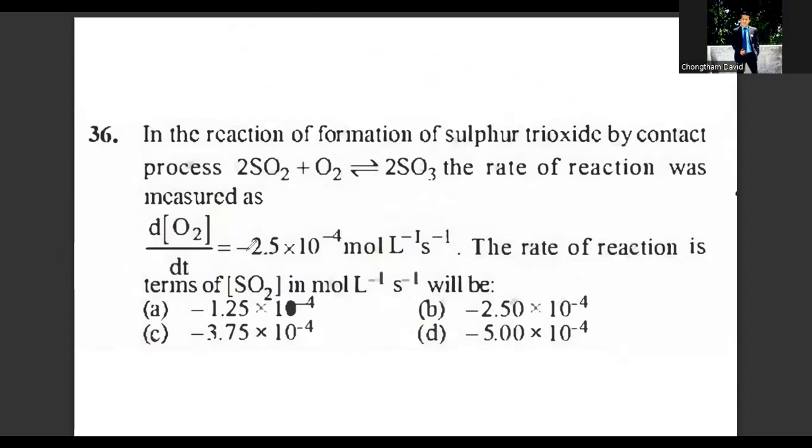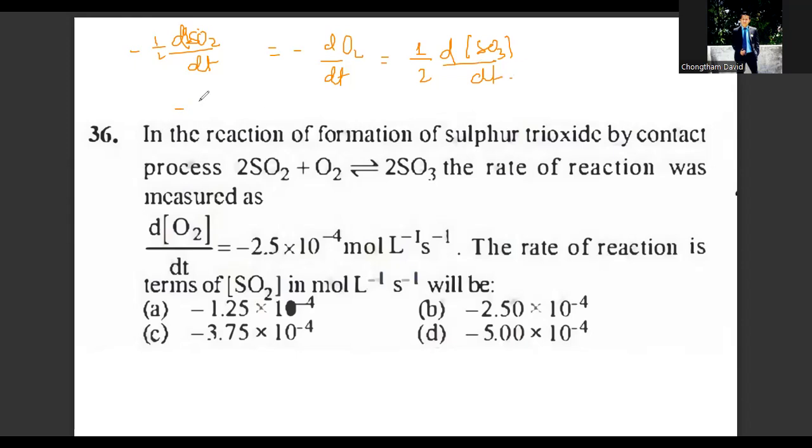Question number 36. In the reaction of formation of sulfur trioxide by contact process, the rate of reaction was measured as the change in concentration by time, right? So how would you account for this? The change in sulfur dioxide by time is again equal to that of oxygen by time, let's say, because this negative symbol signifies that the concentration drops for the reacting species and increases for the product.